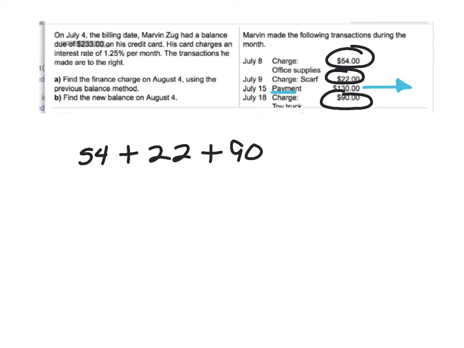Then we still need to take into account the $233 that he had on his credit card for a balance before the month began. Plus, we also need to factor in that $2.91 that he had to pay for interest. So these are all of the charges, all of the different things that go towards what he owes the credit card company.